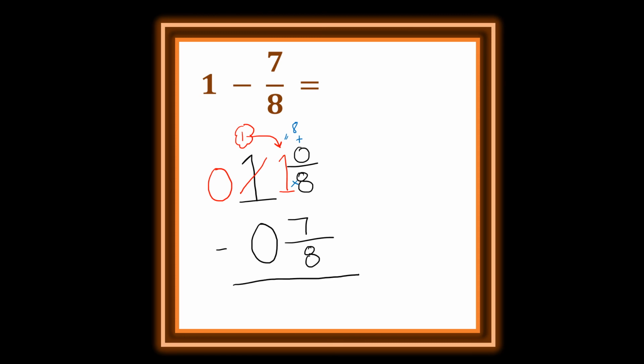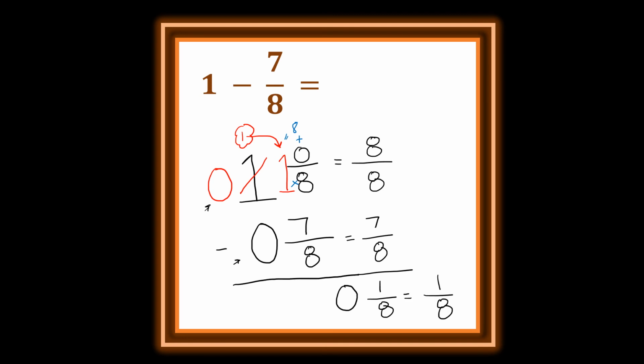So I have 8/8, take away 7/8, which is going to give me 1/8. And 0 take away 0 equals 0. So I can just write 1/8 as my final answer.